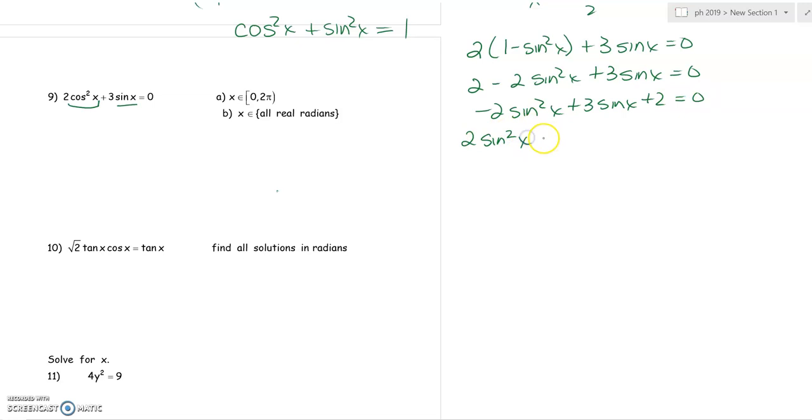So we'll do 2 sine squared x minus 3 sine x minus 2. I went ahead and multiplied both sides of the equation by negative 1. So now there are a couple ways you could do it. You could just jump in and factor, or you might want to do some type of substitution to help your eyes a little bit. You might say, well, if the sine of x is u, we have 2u squared minus 3u minus 2 equals 0. And then you can go ahead and factor it.